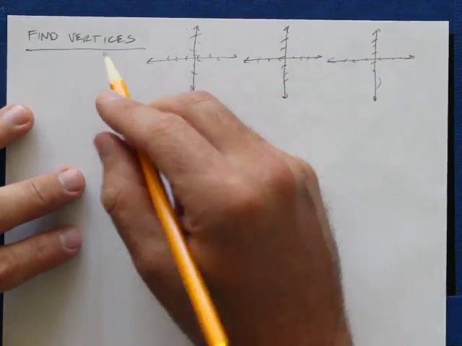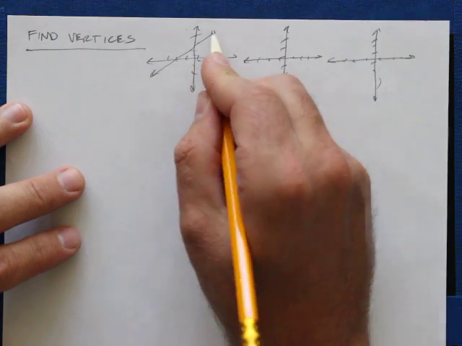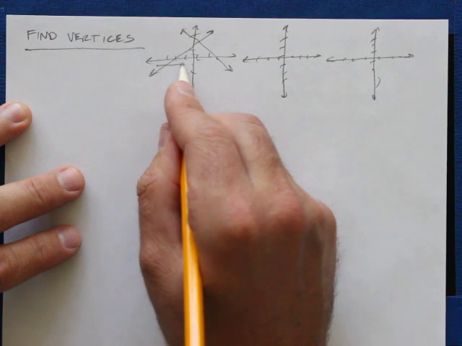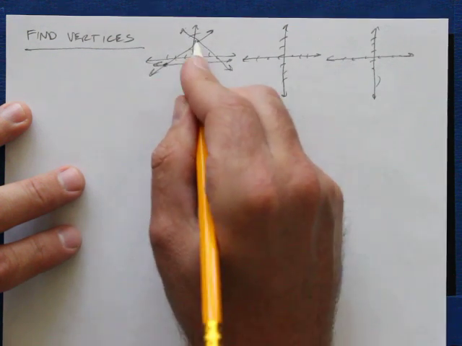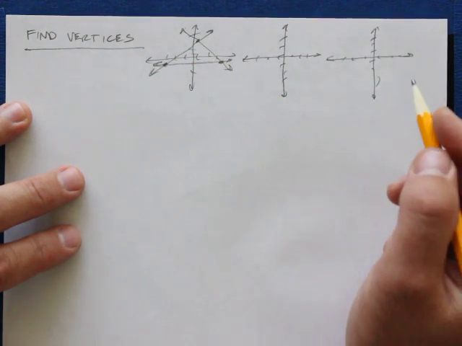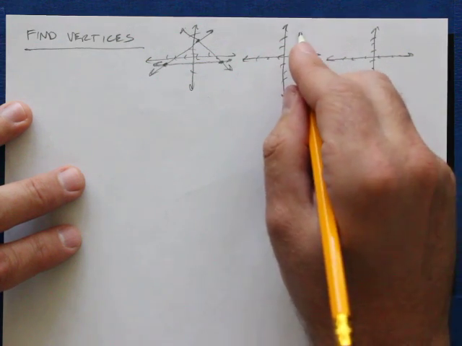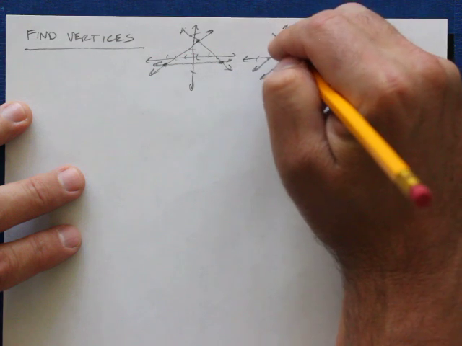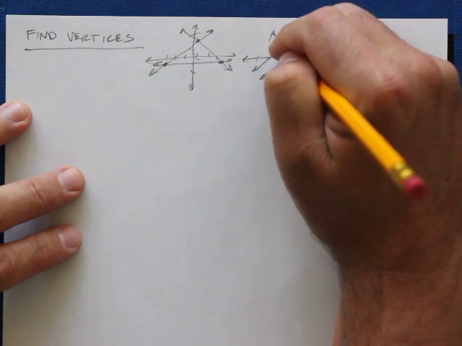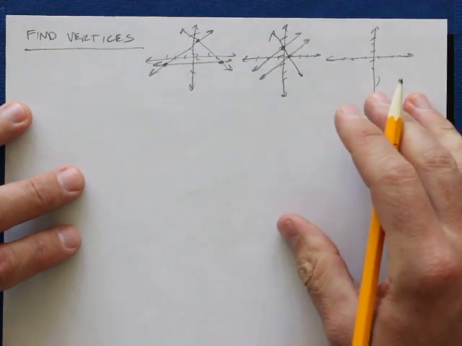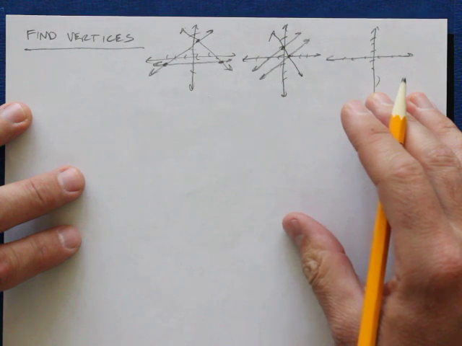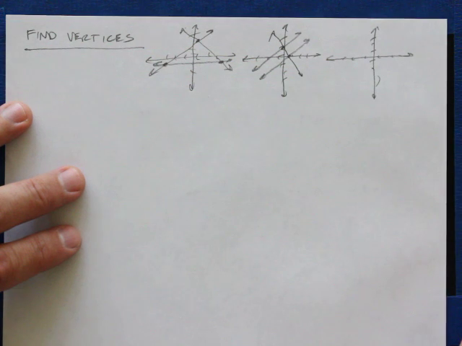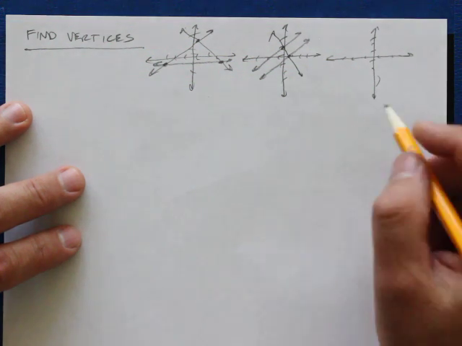All right, so if I have 3 lines, I could have one that goes like this, I could have one that goes like this, and I could have one that goes like this, right? So we can have 3 points of intersection here. We could also have 2 that are perpendicular and one that goes right through them both, and then I would only have 2 points of intersection. I could have 3 lines that were parallel, and so none of them would intersect ever.